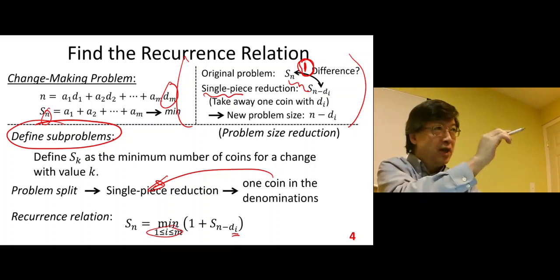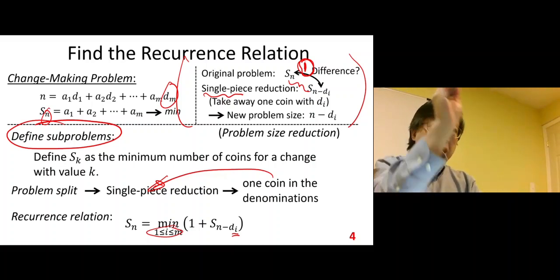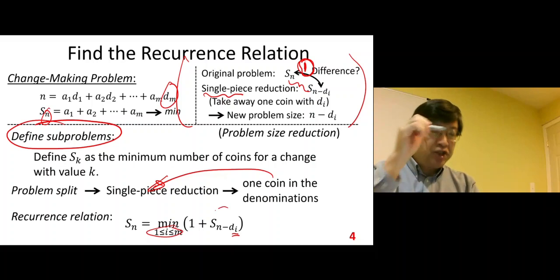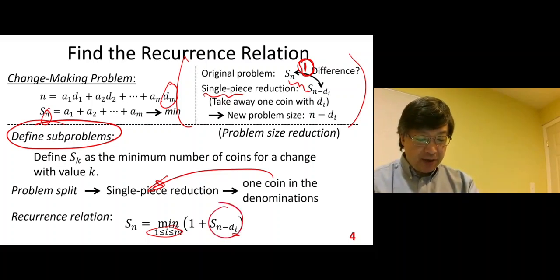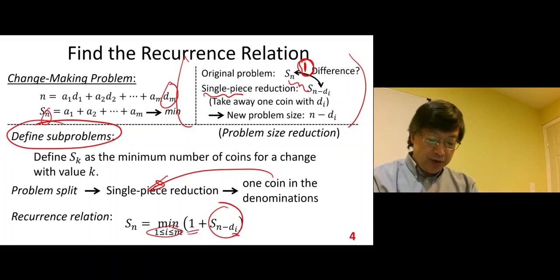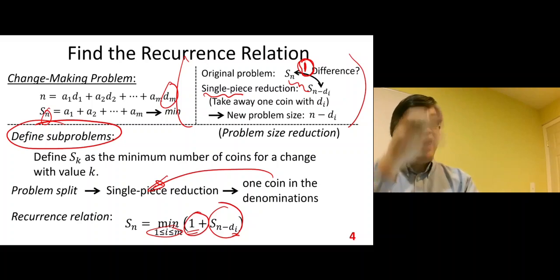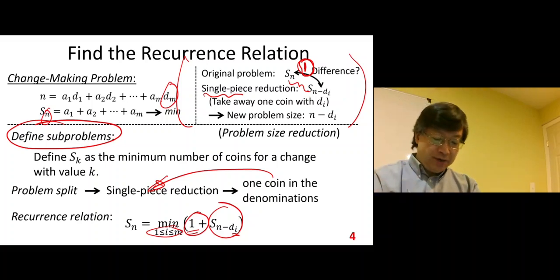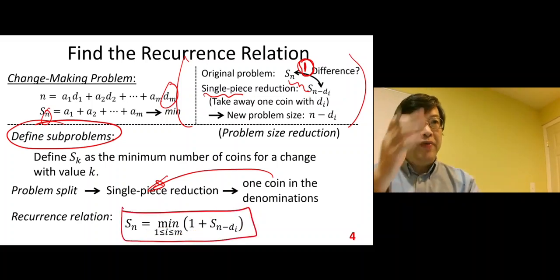We try n times and pick the one with the minimum S number. Then look at that difference: because of the single coin reduction, we need that one back. We add that one back, so we get this final recursion formula.